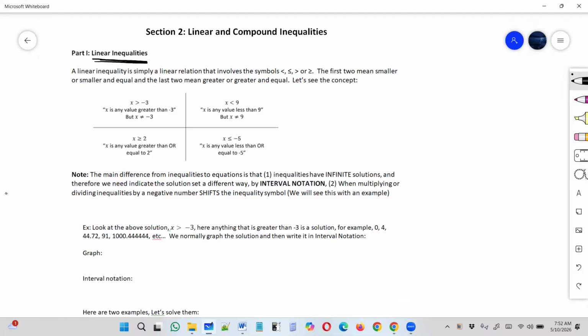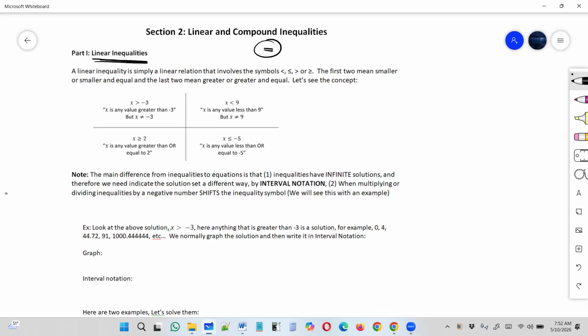Okay. So these are very, very similar to linear equations, but there is one minor difference, maybe, or maybe two. So first of all, they're not really called equations because they're not based on the equal sign, right?